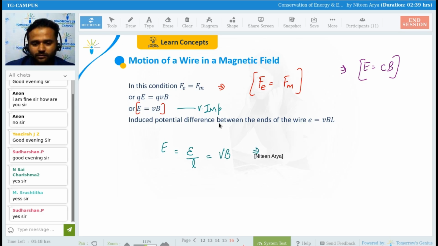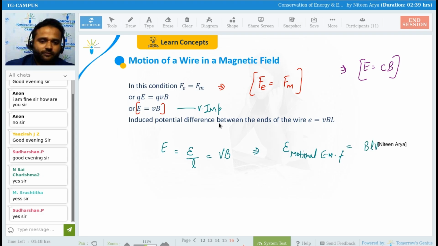This is known as motional EMF. Motional EMF means due to the motion of what? Conductor or a wire. BLV. In great detail we are going to discuss also, but right now this is one thing.